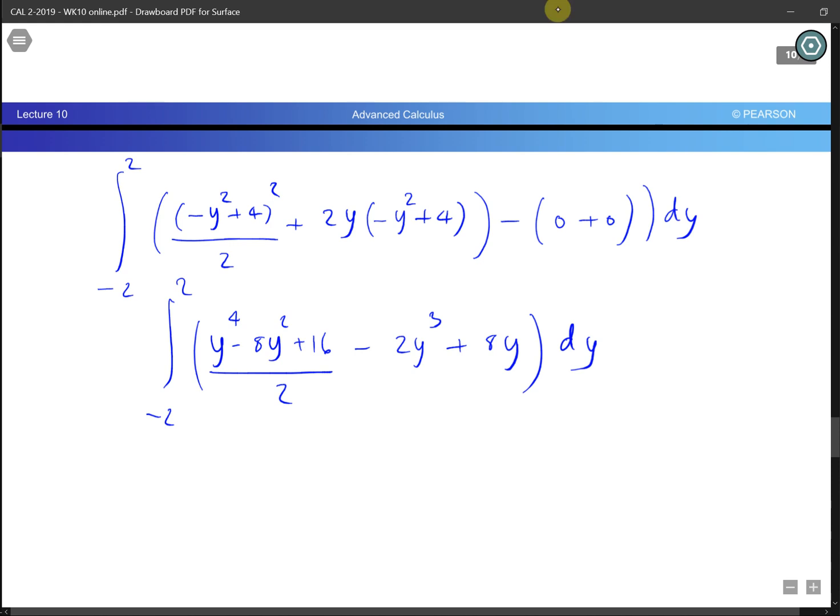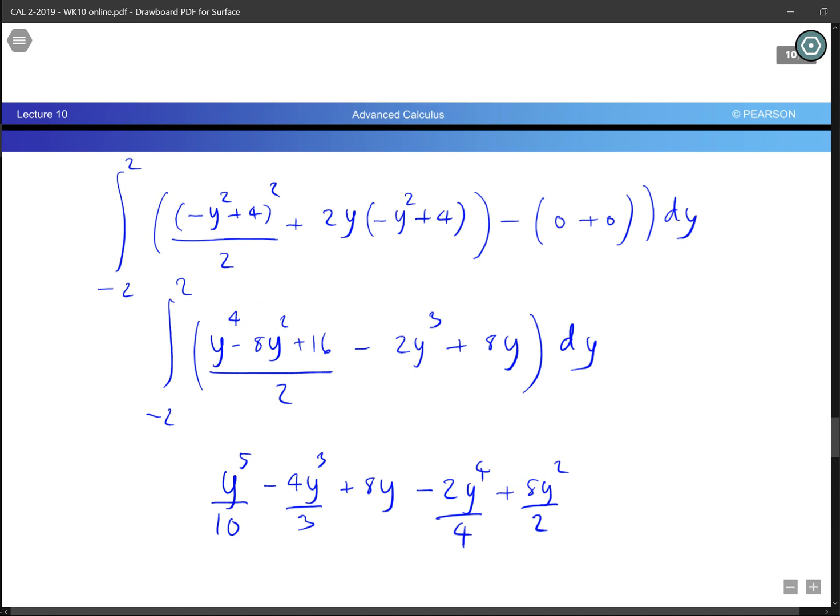Okay, this is going to be equal to y to the 5th, right? Integrate over 10, minus 4y cubed over 3 plus 8y and minus 2y to the fourth over 4 plus 8y squared over 2.